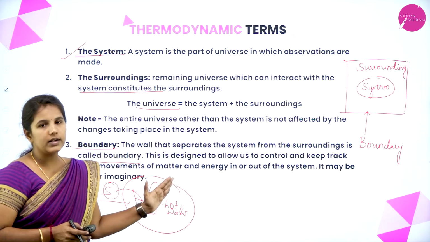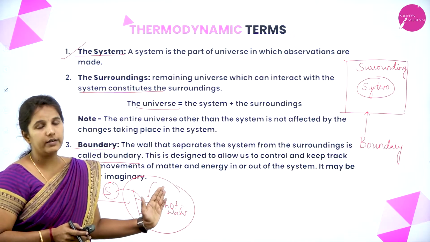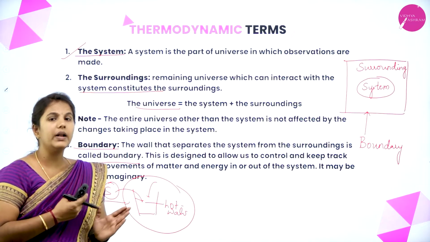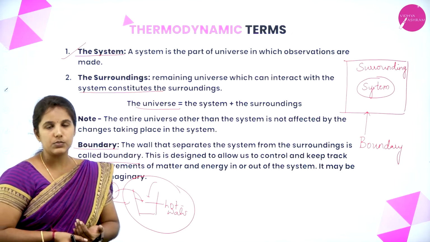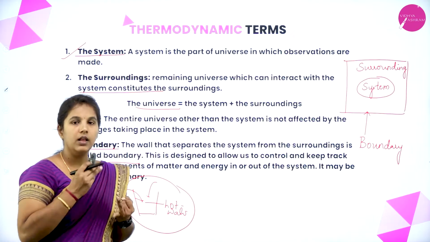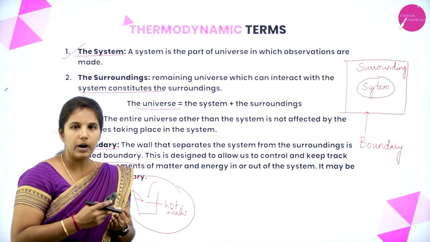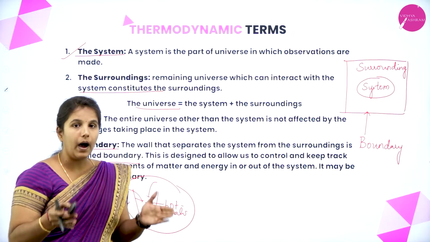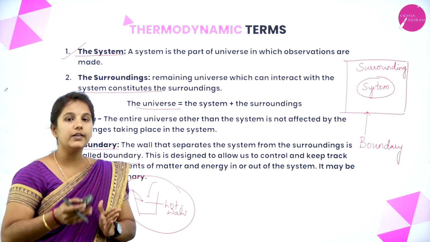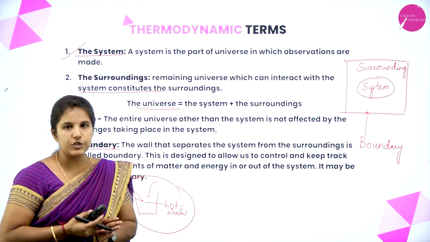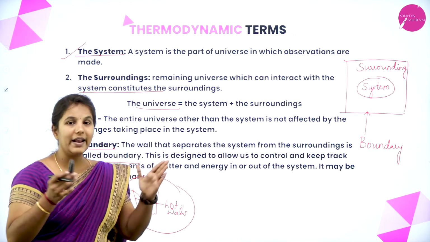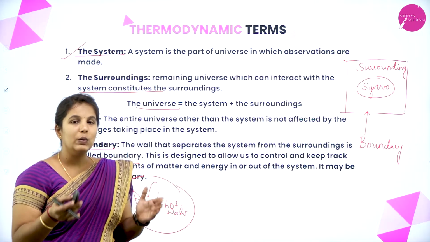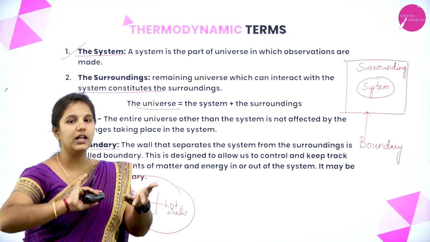So, hope you all understood the three important definitions which we are repeatedly using while studying thermodynamics: system, surrounding, and boundary. The system is a part of the universe where you are going to do all the observation. A surrounding is the entire remaining universe which has an interaction with the system.